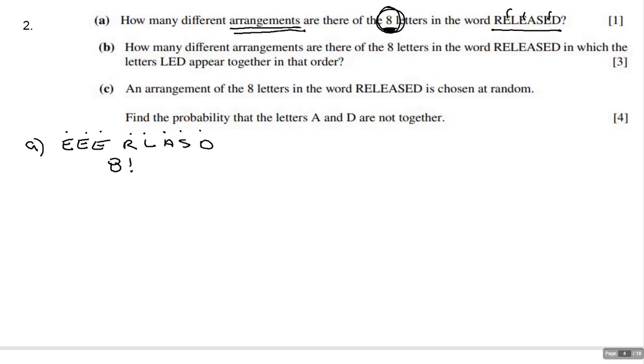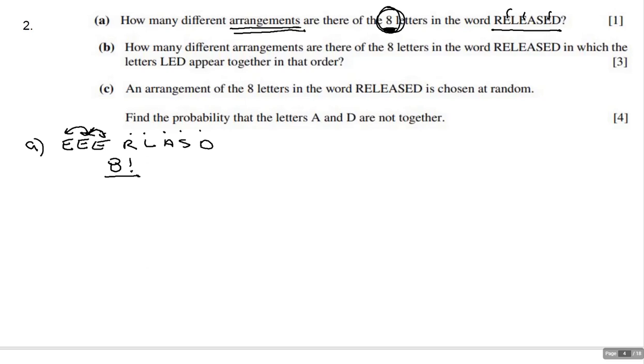All right. Now, however, the duplicates I have to take into account. If this E and this E switch places, it's still going to be EE. And if this E and that E switch places, it's still going to be EE. So it doesn't really change any word I might have created. So what I'm going to do to take into account the duplicates is divide by whatever duplicated.